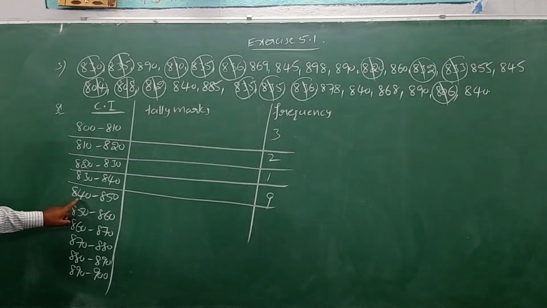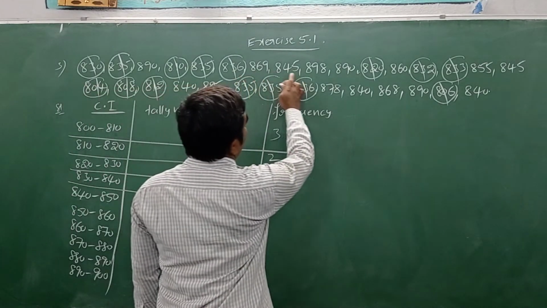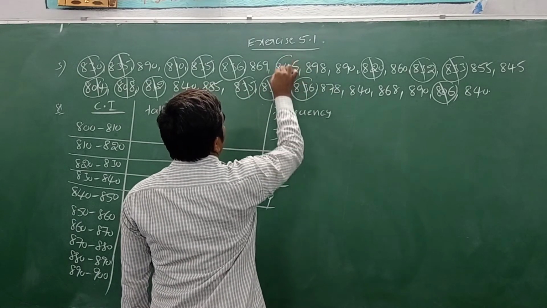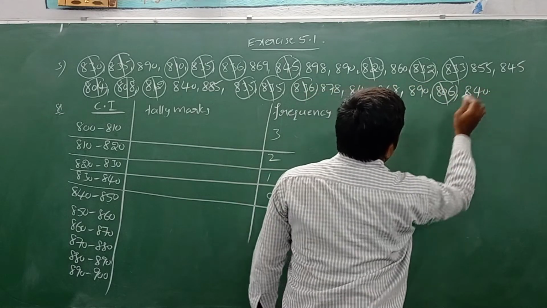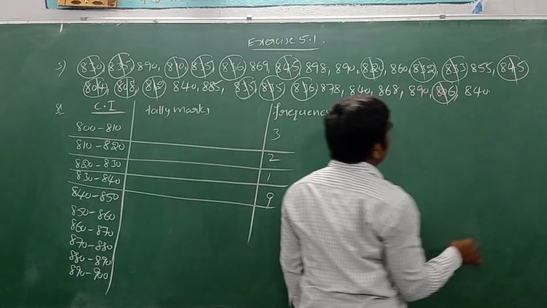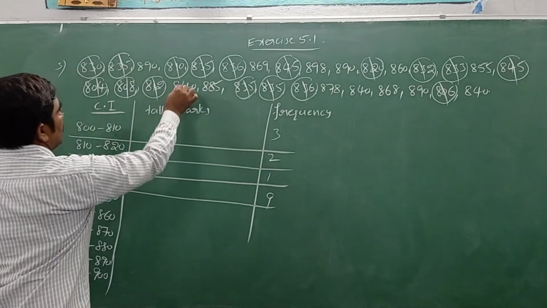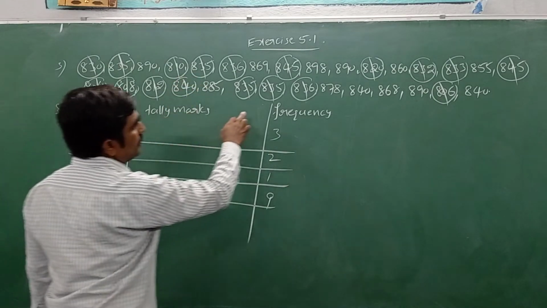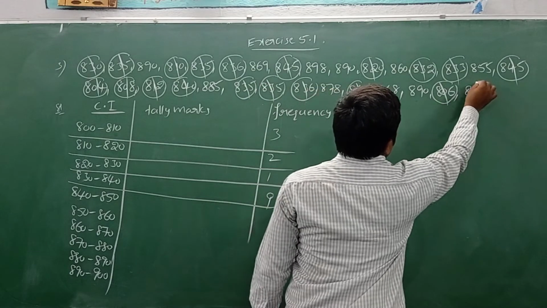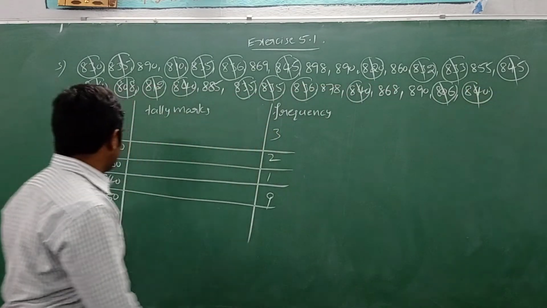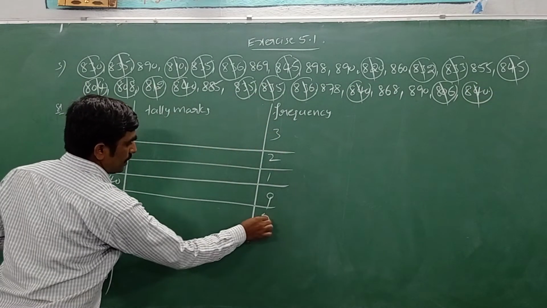Now let's see 840 to 849. Above 840, below 849. 1, 2, 3, 4, 5. Yes, 5 observations are falling in this class interval.